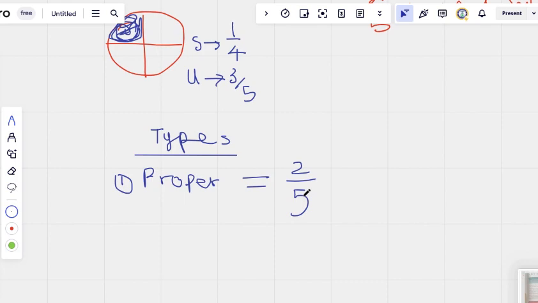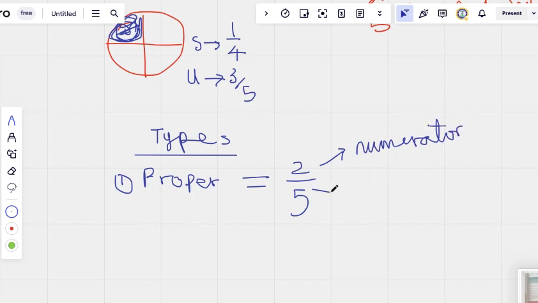Just like the rest of the body of a human being is bigger than the head. That's proper, right? It's a proper thing. If your head is bigger than the rest of your body, it's improper. So that's what we relate this to. This is a proper fraction because the top is smaller. The top part of a fraction is called the numerator, and when it's smaller than the denominator, the fraction is called a proper fraction.